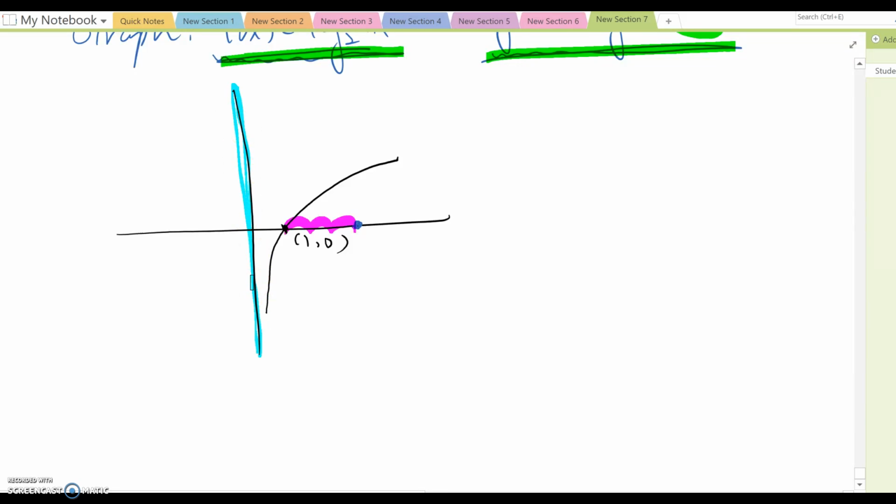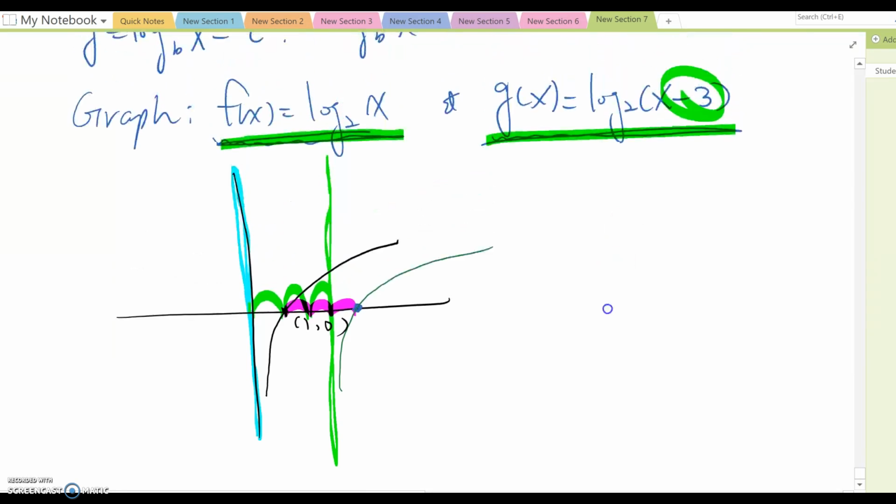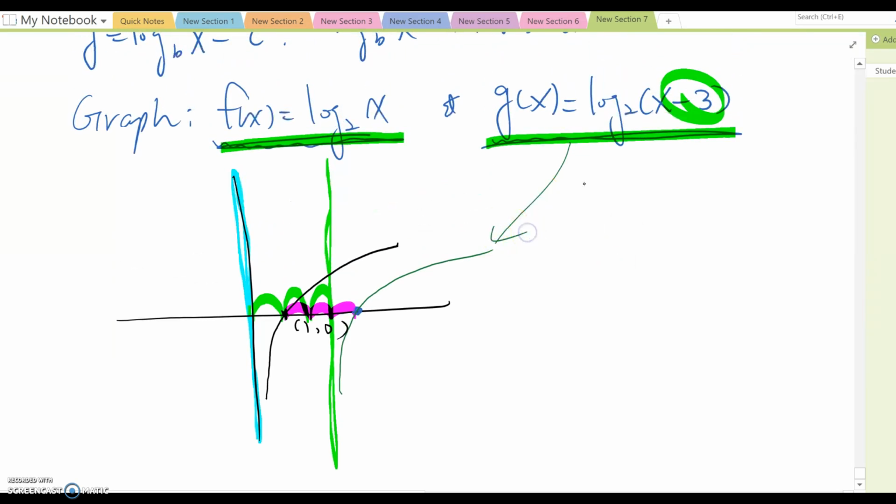Now this one also moves 3 units to the right as well. So this goes 1, 2, 3. So there will be a new vertical asymptote, and then the graph looks like this one here. Okay, so that's the graph of this function basically.